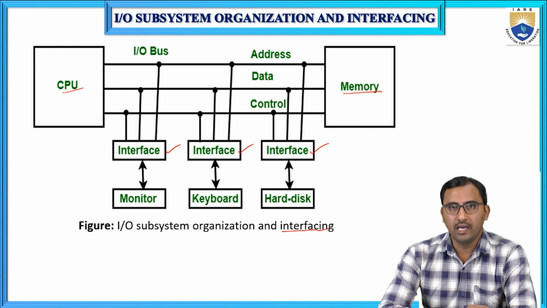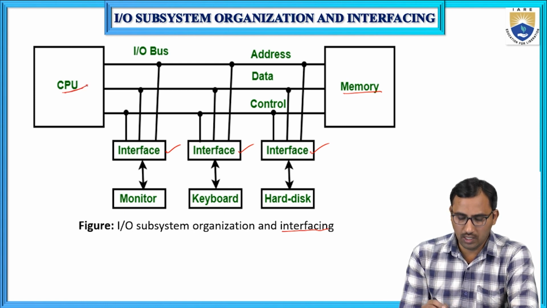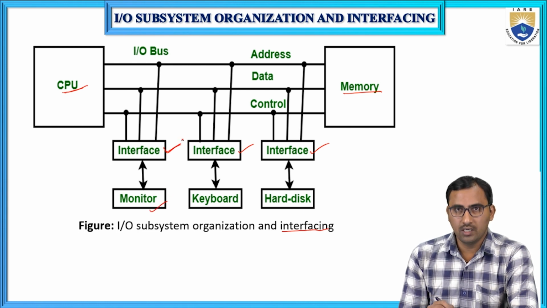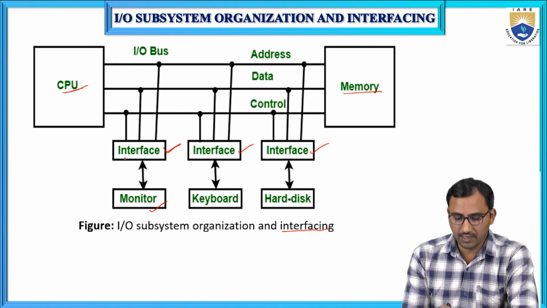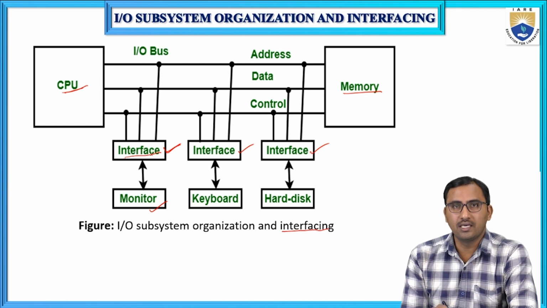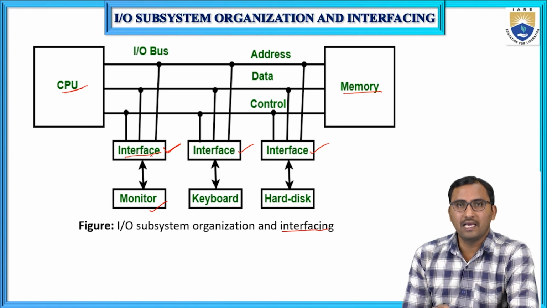So that's why in between the CPU and these IO devices, we are placing one special component circuit that is called the interface circuit. This interface circuit acts like a converter or translator.